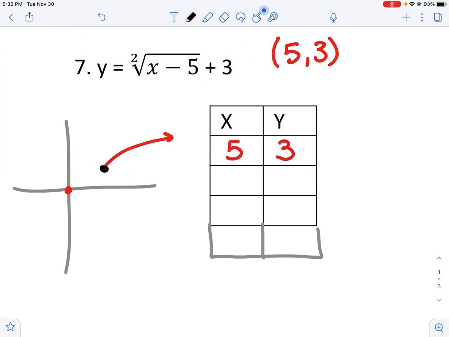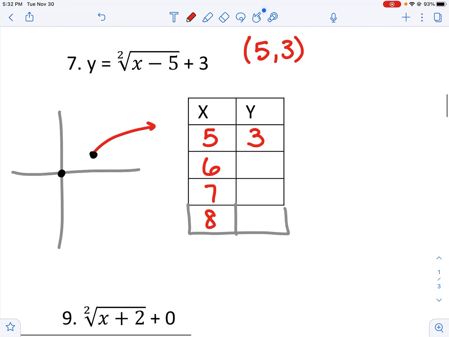So here's my vertex at 5, 3. Which means that I shouldn't use 4 or 3 or 2 or 1 for x. I should use bigger numbers, like 6 or 7 or 8. And we'll talk about y in just a minute.